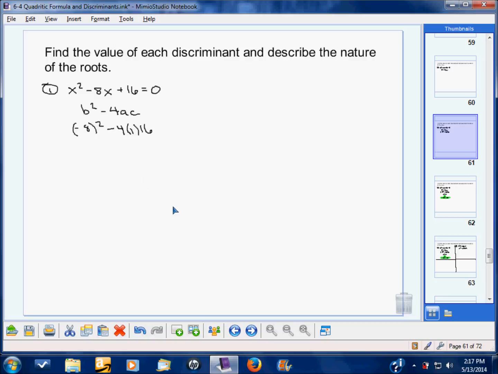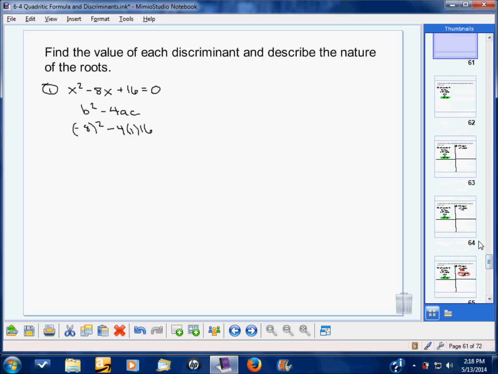Now the great thing about these is you can put them into your calculator in one step if you want and just get an answer. And we find out that this number comes out to be 64 minus 64. So the answer is 0. From your chart, if it's 0, what are the nature of the roots?